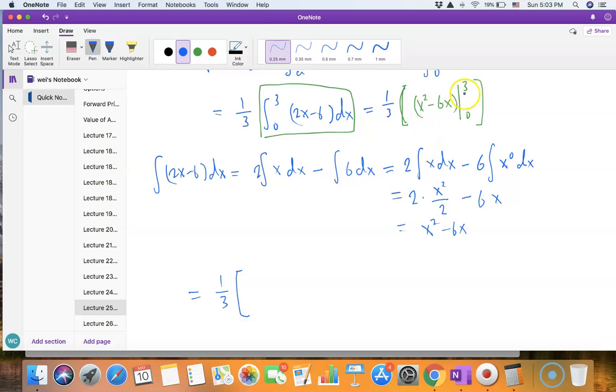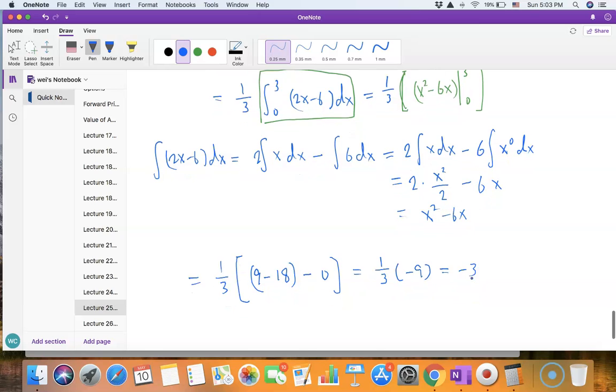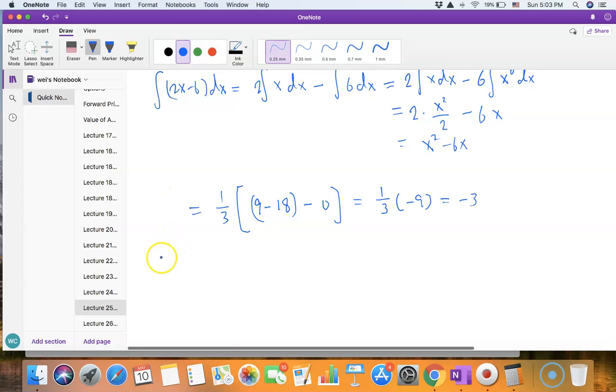When x equals 3, this is 9 minus 18. When x is 0, that is 0. So this is 1 over 3 times negative 9, which equals negative 3. Okay. So the average value of the function equals negative 3.